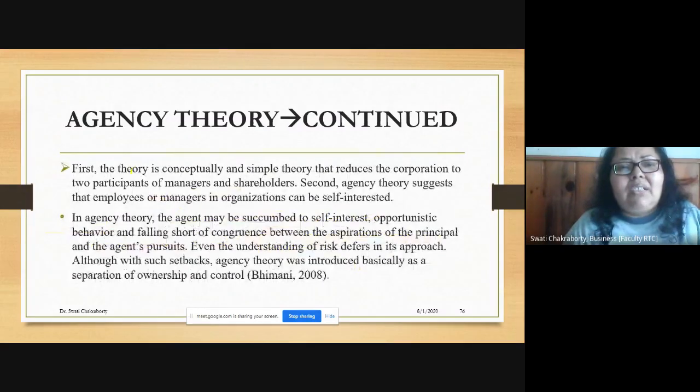It's a simple theory which says that a corporation has only two participants, managers and shareholders. It also says that the employees or managers in an organization can be self-interested.